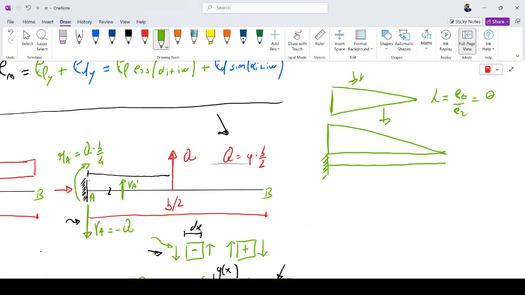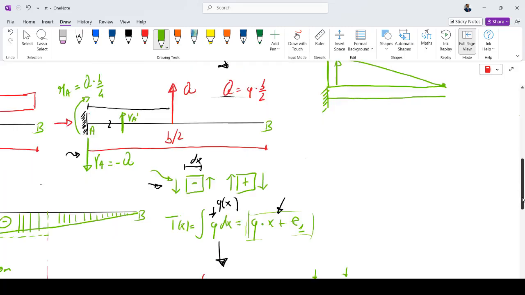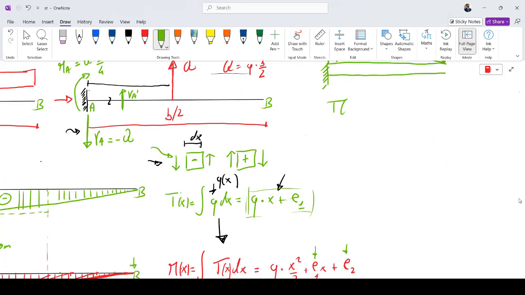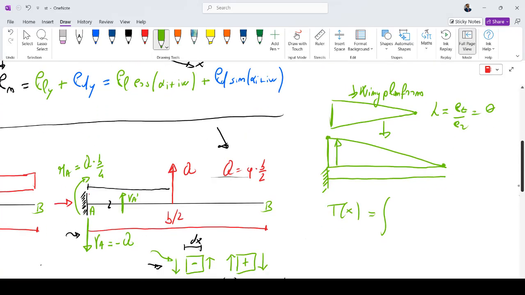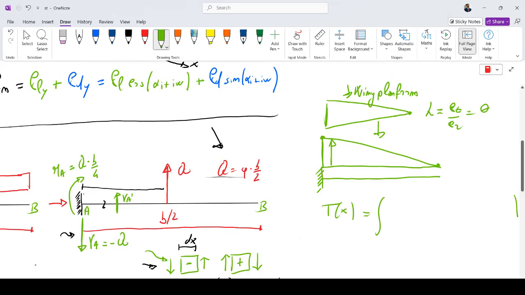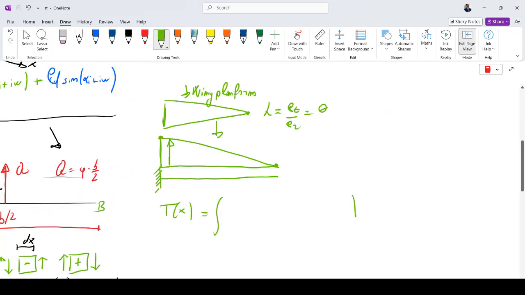This is the wing. So here, if I have this, I must calculate the distribution of the shear force along the beam. Now it is not constant anymore, but linear. So I must know the equation of this distribution.